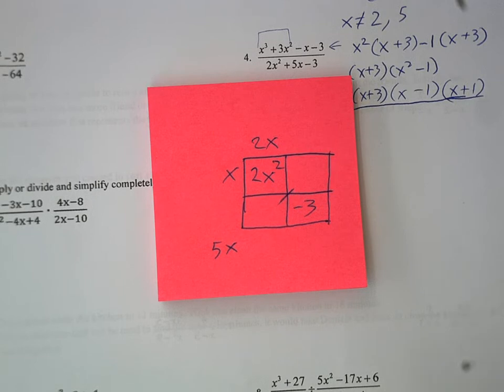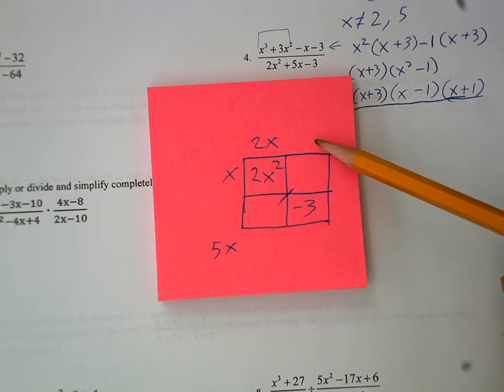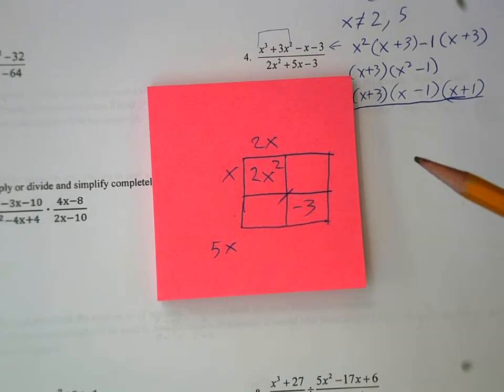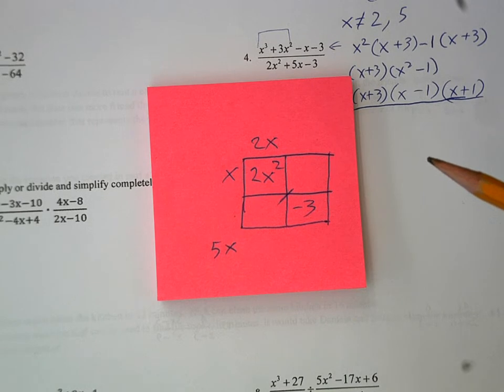What are my options? 3 and 1, 1 and 3. And then one of them is going to be negative, one of them is going to be positive to make that a negative 3. So really I have 4 options. I can do a 1 or a 3 here, a 1 or a 3 here, and one of them's positive, one of them's negative.